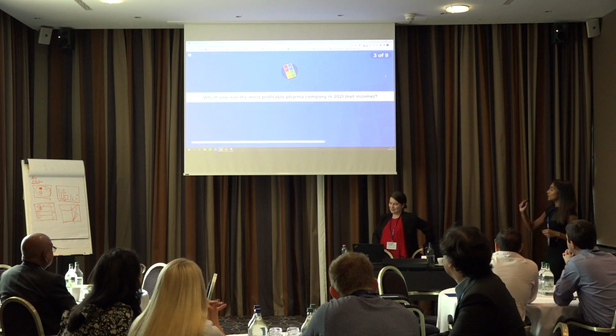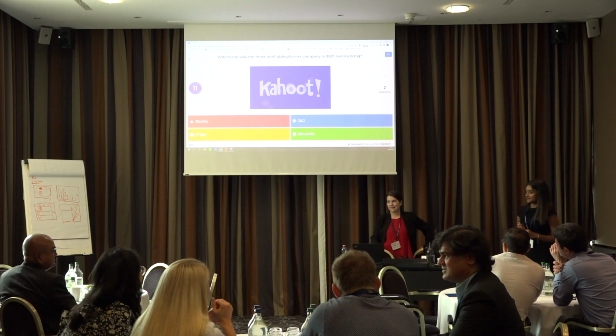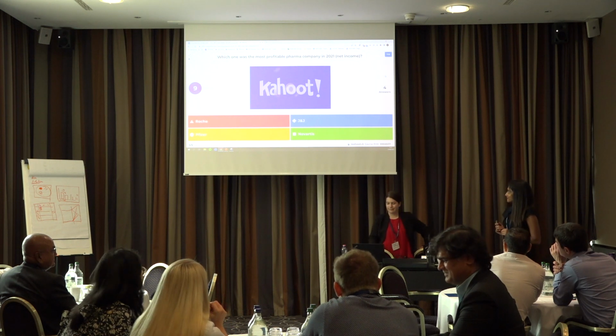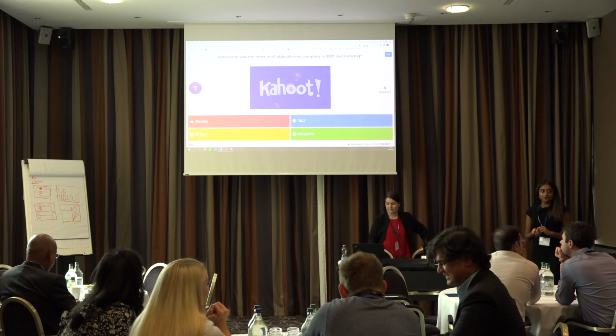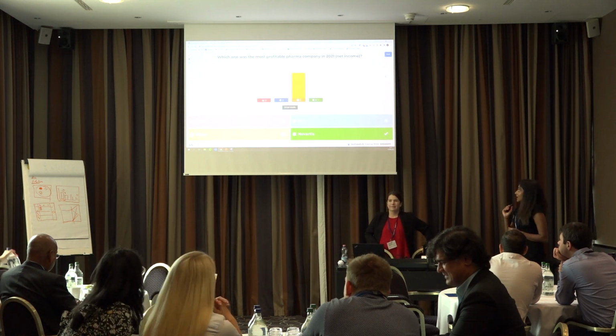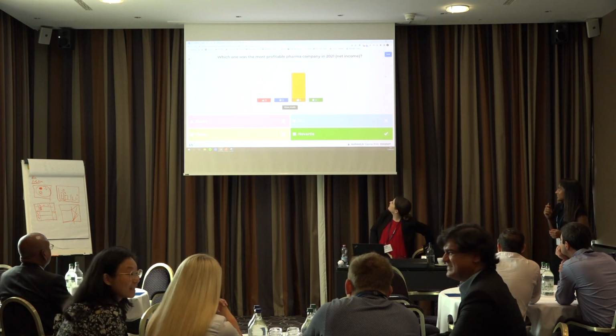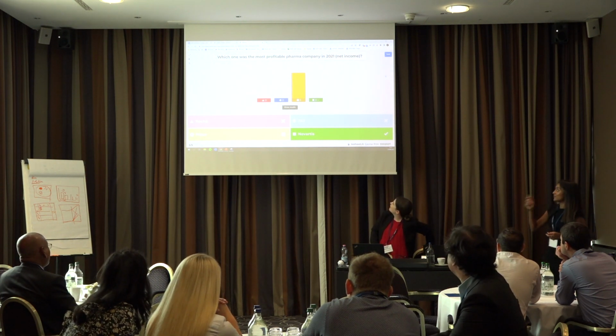Okay, so which of these was the most profitable pharma company in 2021 based on net income? Net income is a key word. Okay, so we've got all 5 answers as Pfizer, but yeah, curveball.